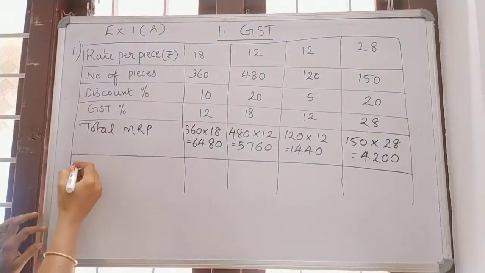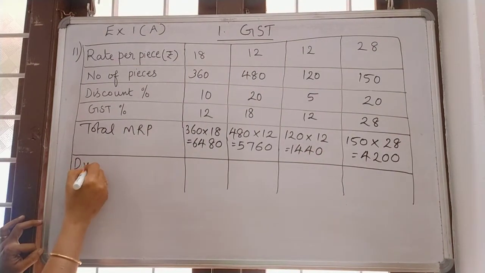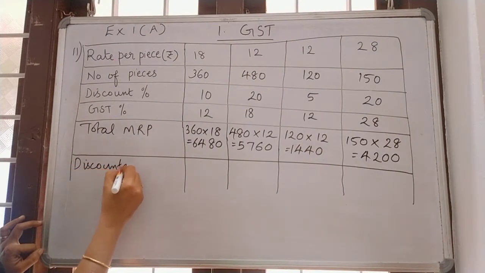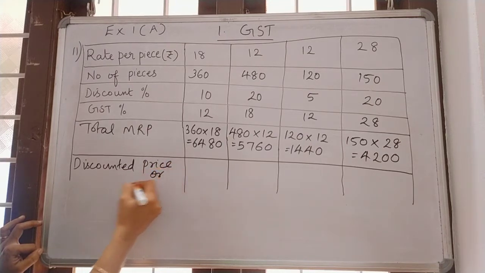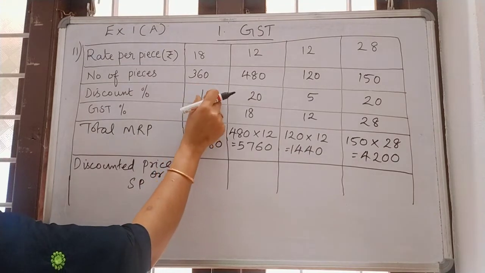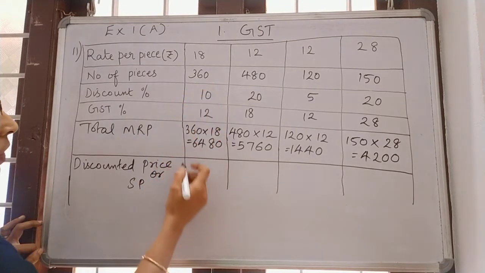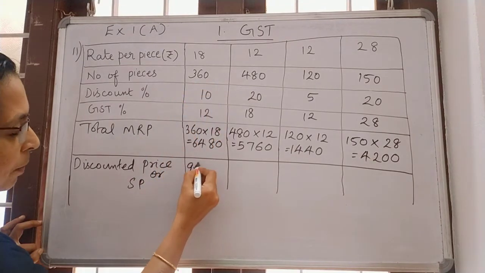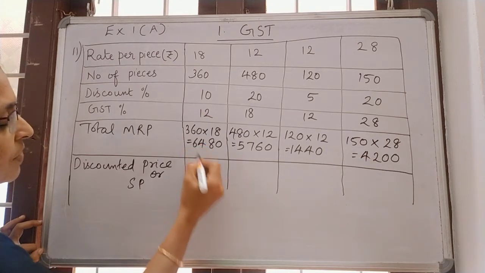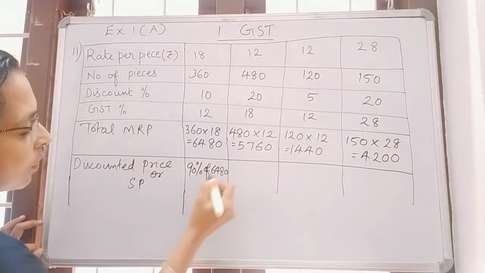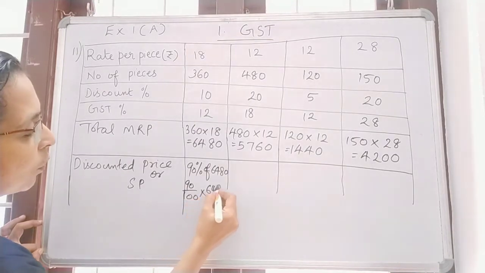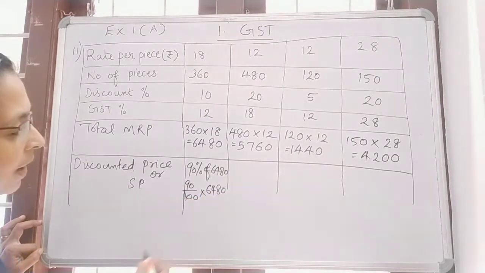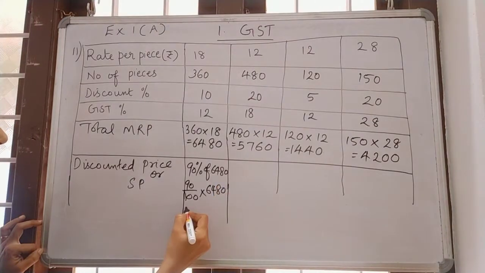So the discounted price, or the selling price, will be 90 by 100 into 6480.